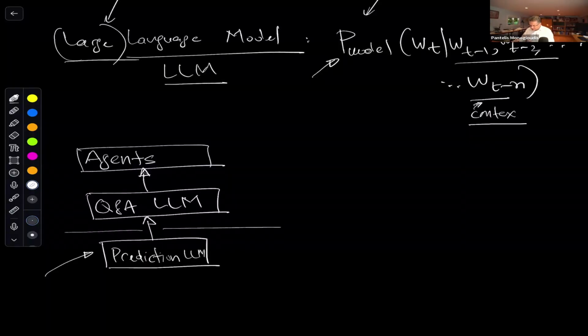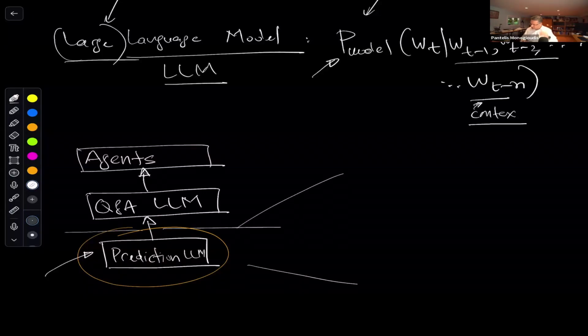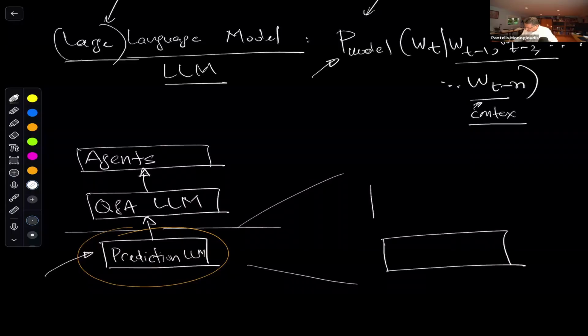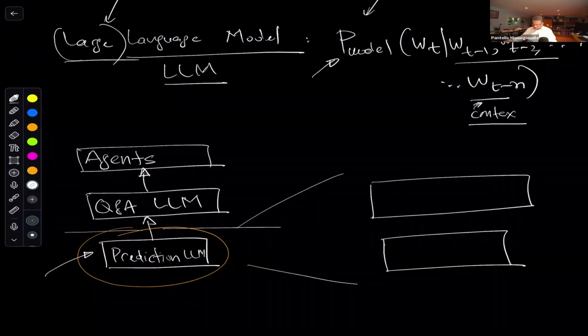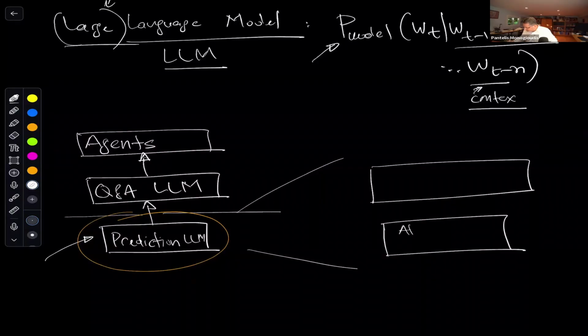Okay, so as I said, we are just going to focus our discussion right here. Let me start the discussion by expanding a little bit this prediction LLM, based on the transformer architecture, into two parts. The first part is going to be associated with the so-called attention mechanism, which is probably the most important part of the architecture to understand and get right.